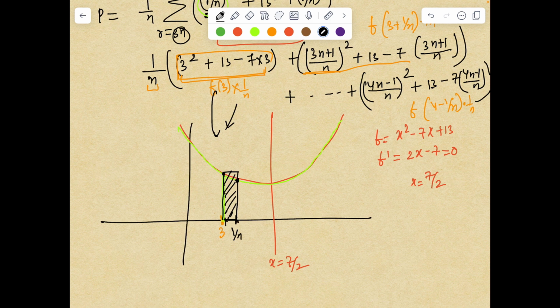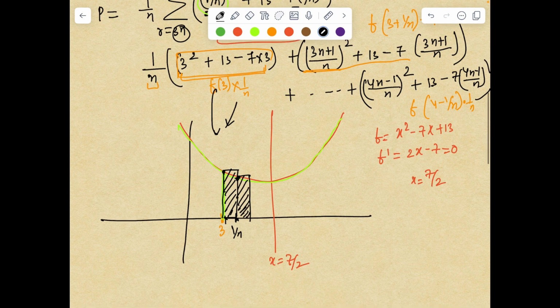Similarly for the second element, now we have 3 plus 1 by n. At that point we'll get this height, and this area is represented by the second member of this series, and so on and so forth. And now let's talk about the last member. If this point is 4, then this simply means 4 minus 1 by n.